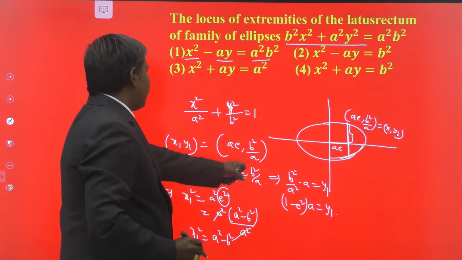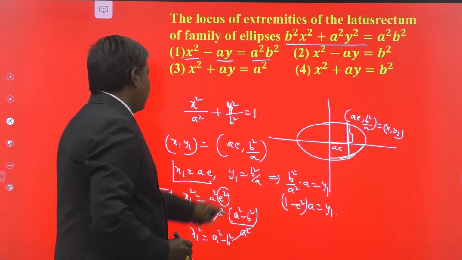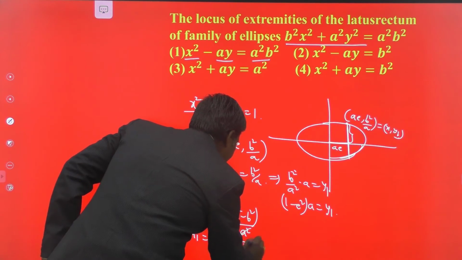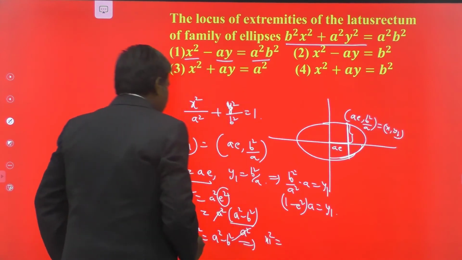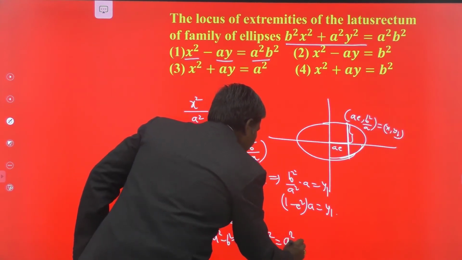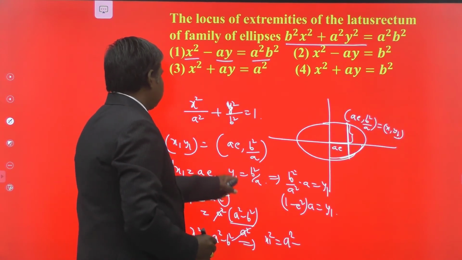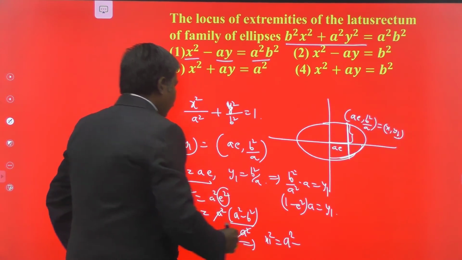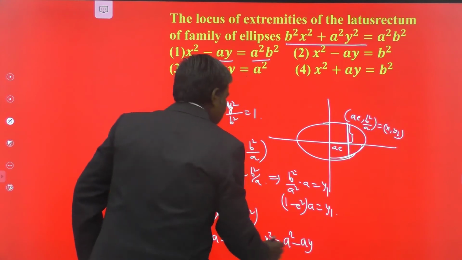So we have the b square value. b square is nothing but what? a by 1. x1 square is equal to a square minus, what is your b square? a by 1. Yeah, correct.